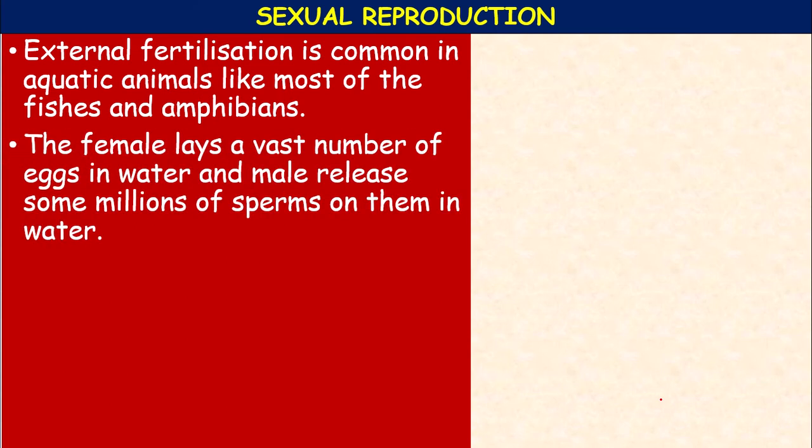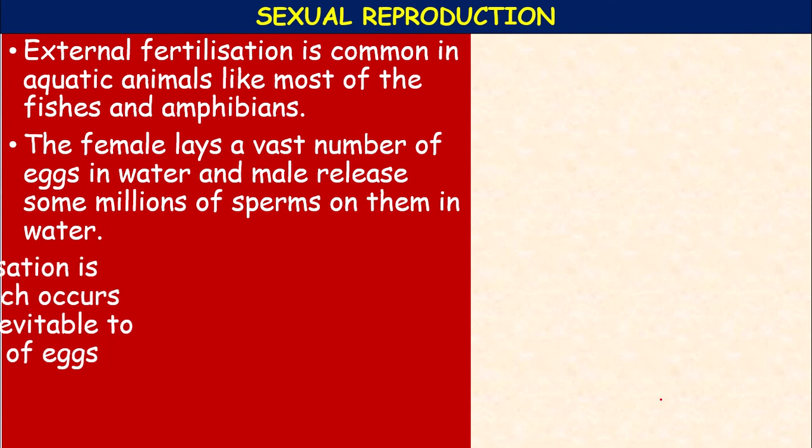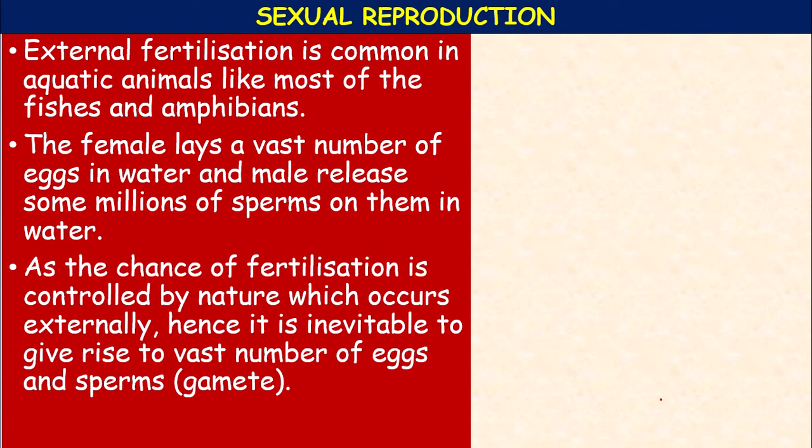The female lays a vast number of eggs in water and the male releases millions of sperms on them. The water acts as a medium for the movement of these male gametes to reach the female gametes. As the chance of fertilization is controlled by nature, which occurs externally, it is inevitable to give rise to a vast number of eggs and sperms, that is, the gametes.